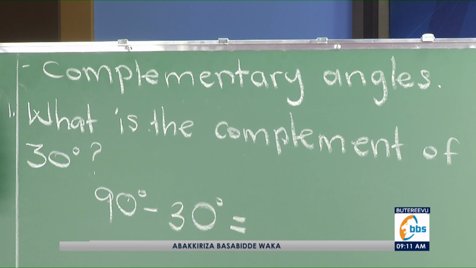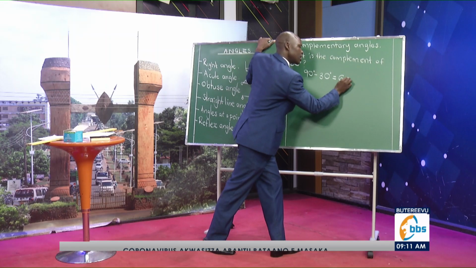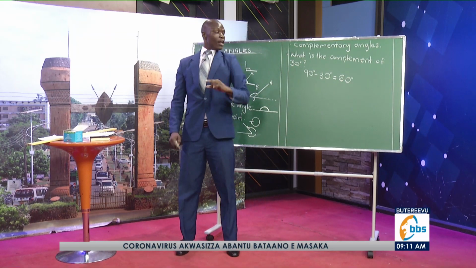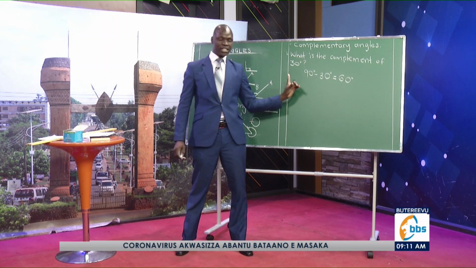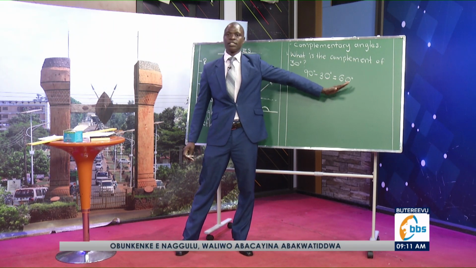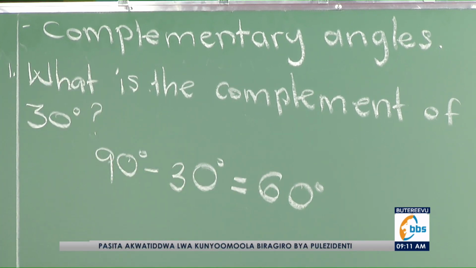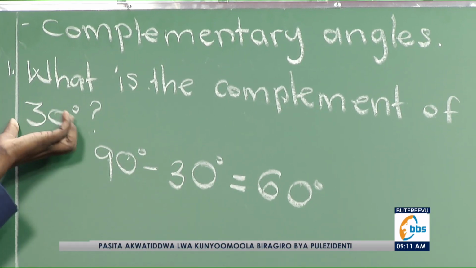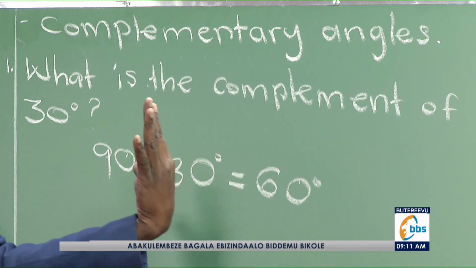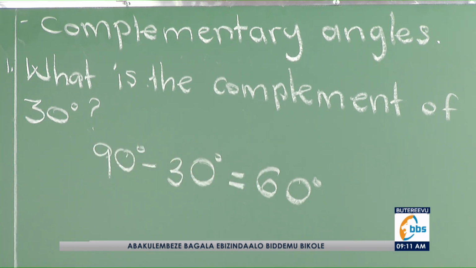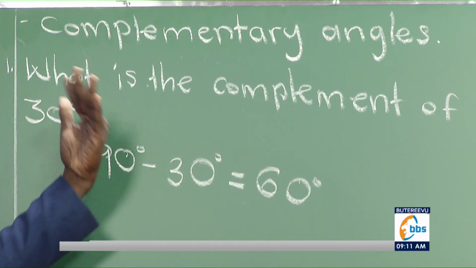The end result will be 60 degrees. So the complement of 30 degrees is 60 degrees. When you get 30 degrees plus 60 degrees, you will get 90 degrees. These are what we call complementary angles.